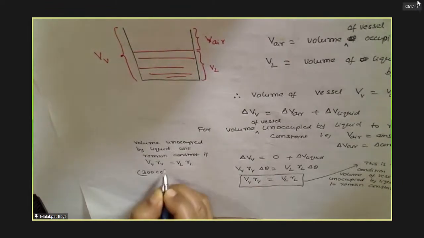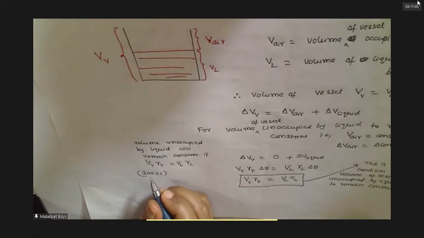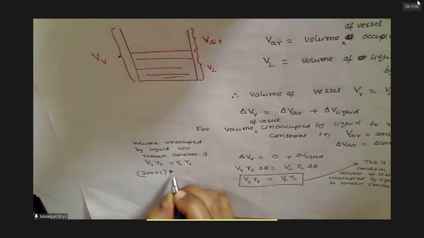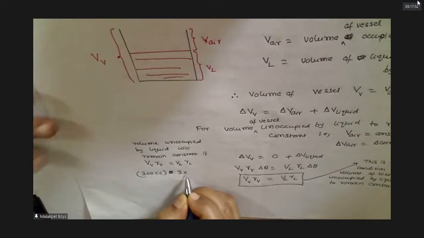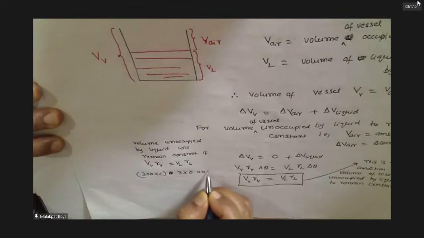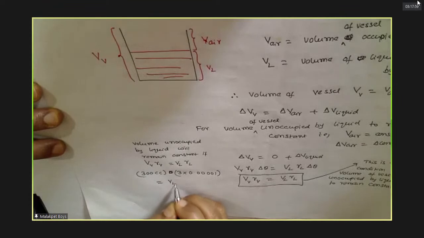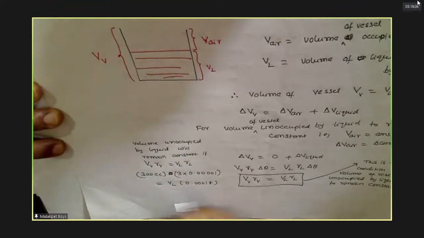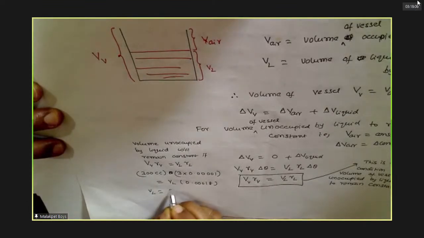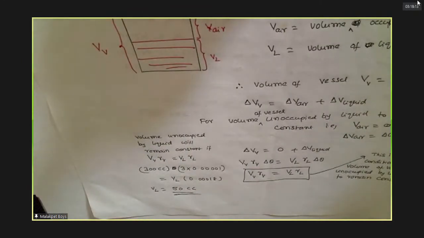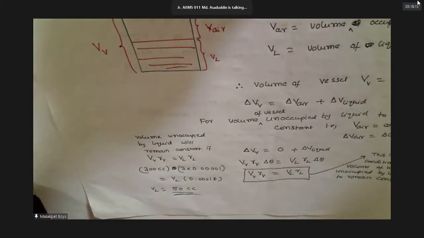Gamma of vessel is given, no? 1 into 10 power minus 5. He gave linear, not gamma. Gamma of liquid is given. The volume of liquid is what is being asked. You will get exactly 50 cc.